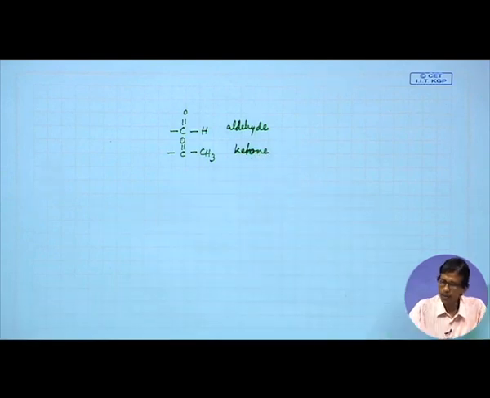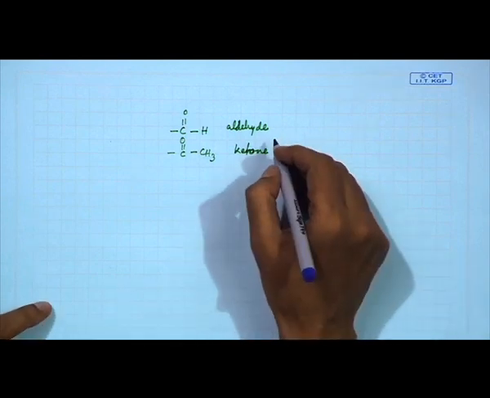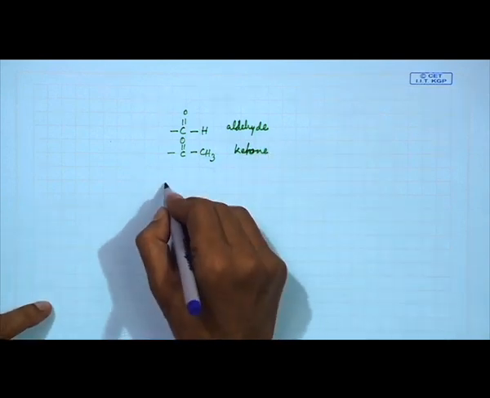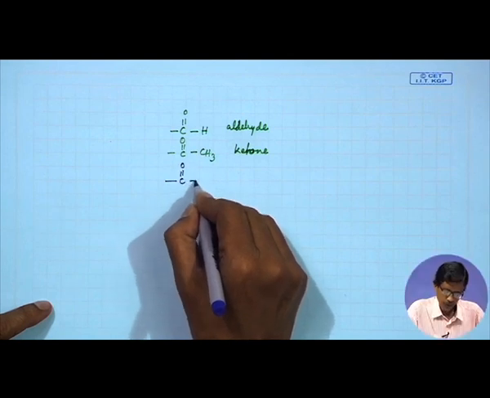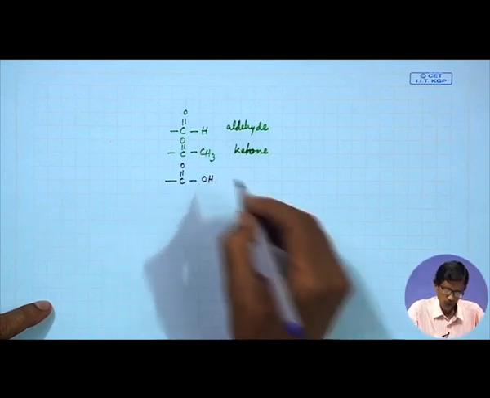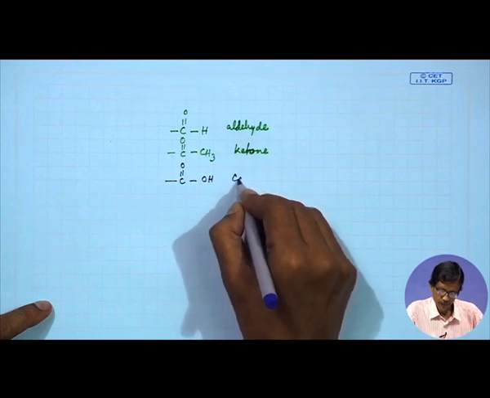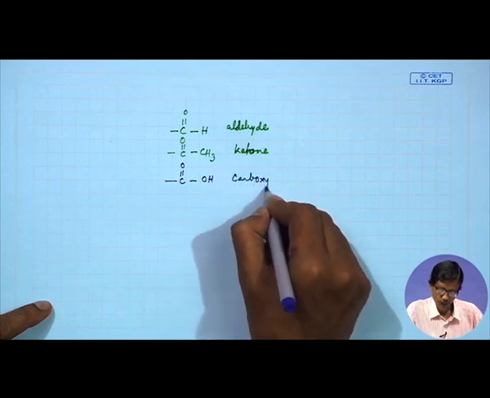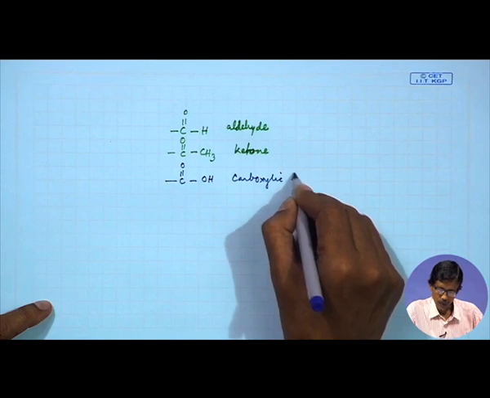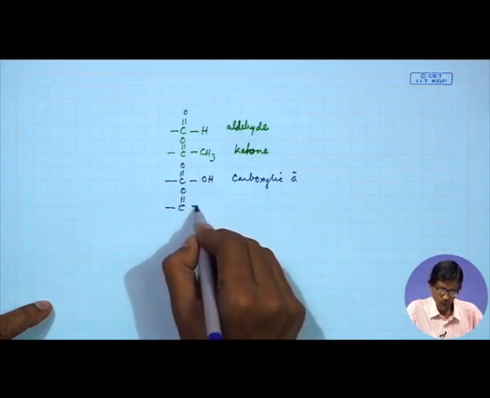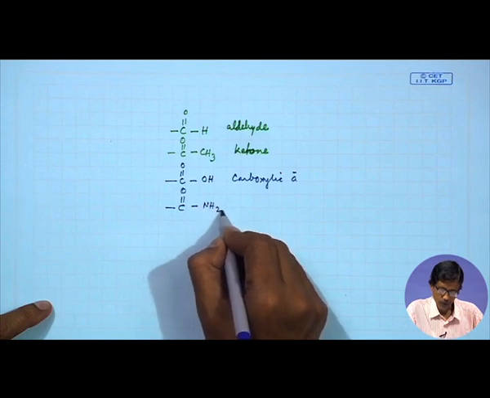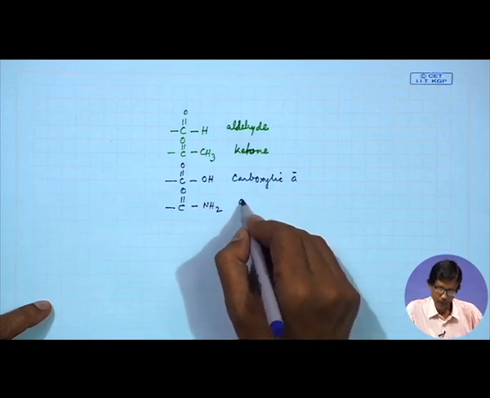So, how nicely we can identify the presence of aldehyde or ketone in any unknown organic molecule, or we can have some other groups also. That means when you have OH, that is for carboxylic acid, or CONH2, the corresponding amide one.